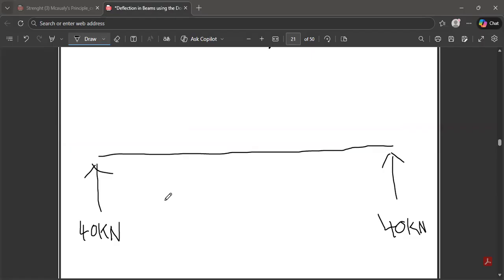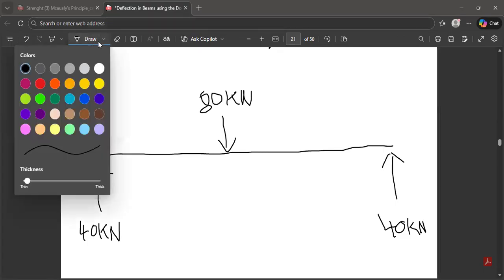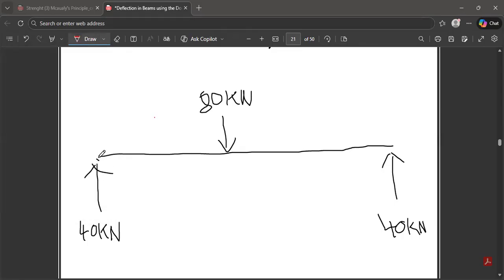Okay, yes. So the deflection, let me use a different color pen to denote that. This is the point load, and the point load was 80 kilonewton. So this is the deflection that the beam displaced.